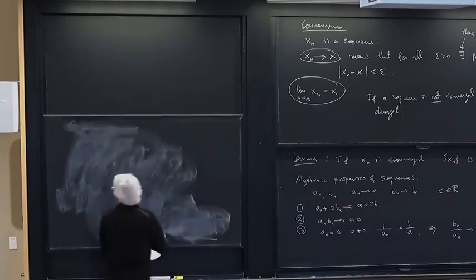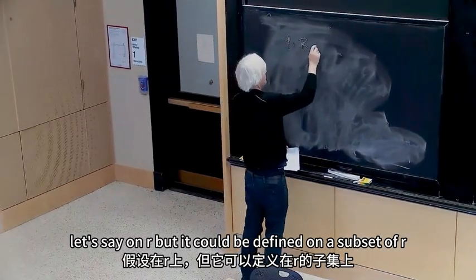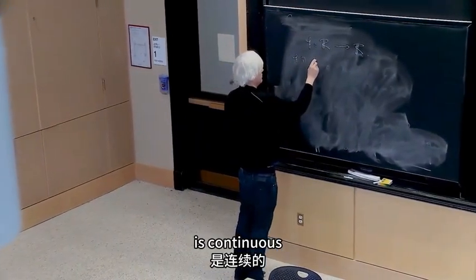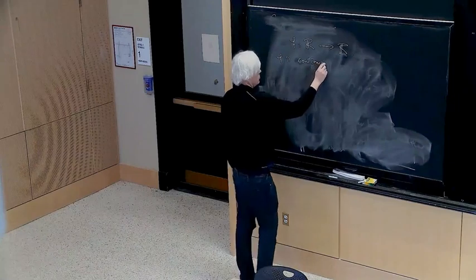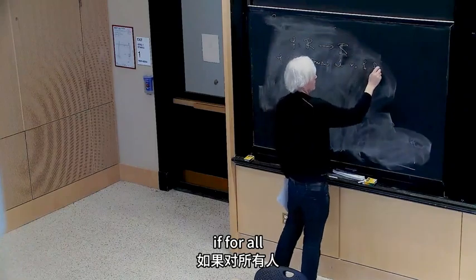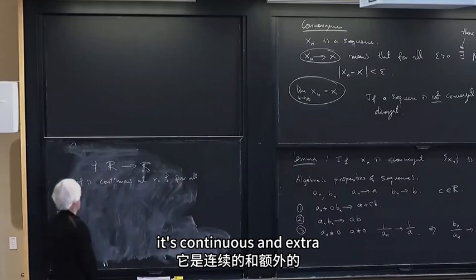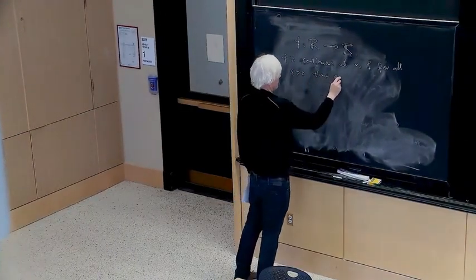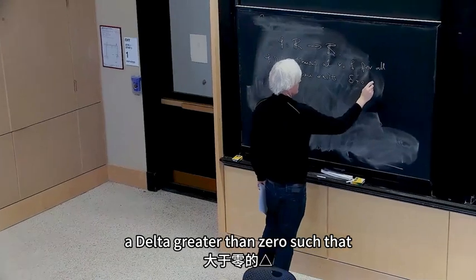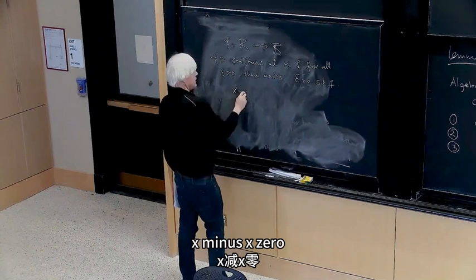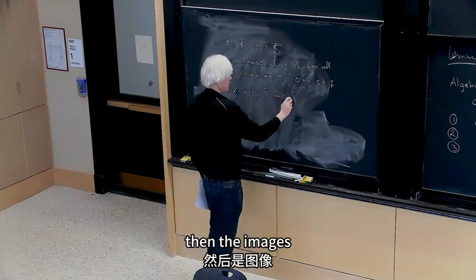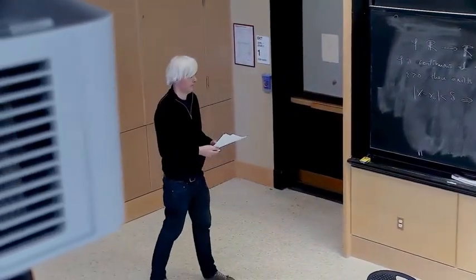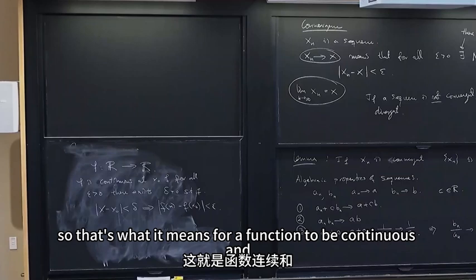If you have a function, let's say on R, but it could be defined on a subset of R, then we say that f is continuous at x0 if for all epsilon greater than 0 there exists delta greater than 0 such that if |x minus x0| is smaller than delta, then the images, |f(x) minus f(x0)|, are smaller than epsilon.